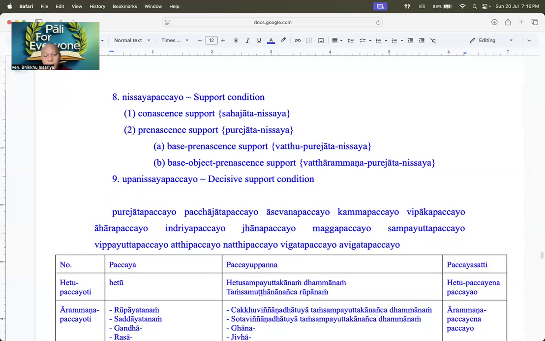That one also has three kinds. One is object decisive support, Ārammaṇūpanissaya.